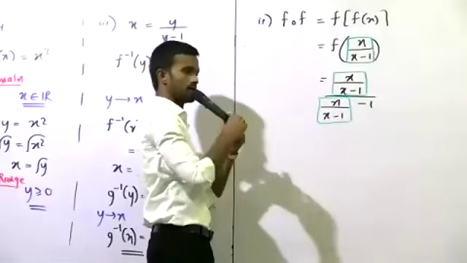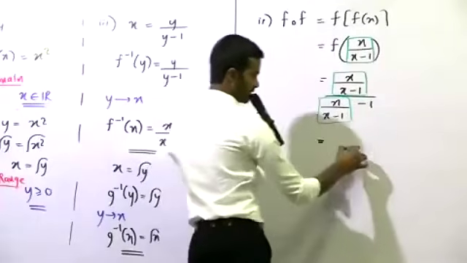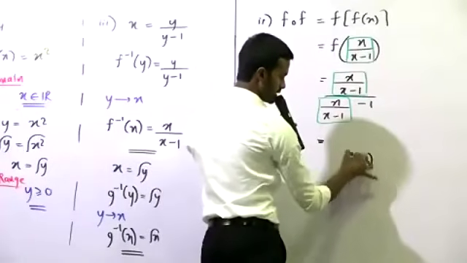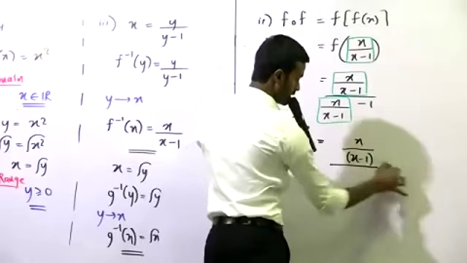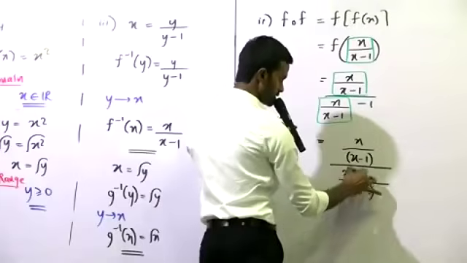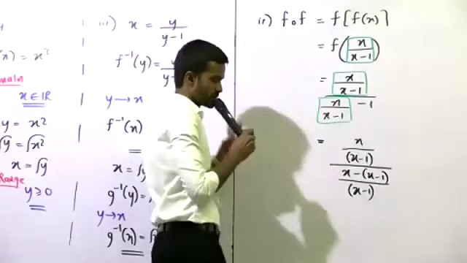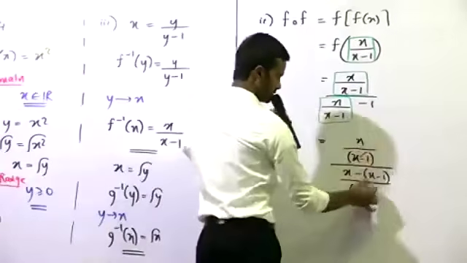So keeping this like according to the functions, that's okay, but it's better to simplify. So take x minus 1 as the common denominator in the denominator, which gives me x minus 1. Because when you simplify, you get a nice answer. That's why.